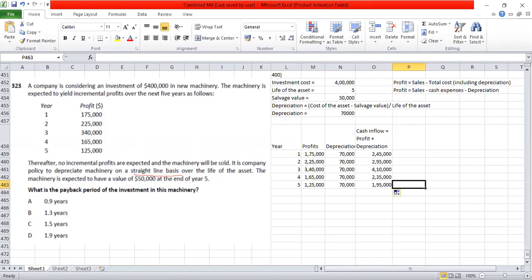By the end of first year, 245,000 cash flow was earned, but investment is 400,000. So what do we do? We consider the next year's period also, so we add it. To understand that, we cumulate cash inflows.